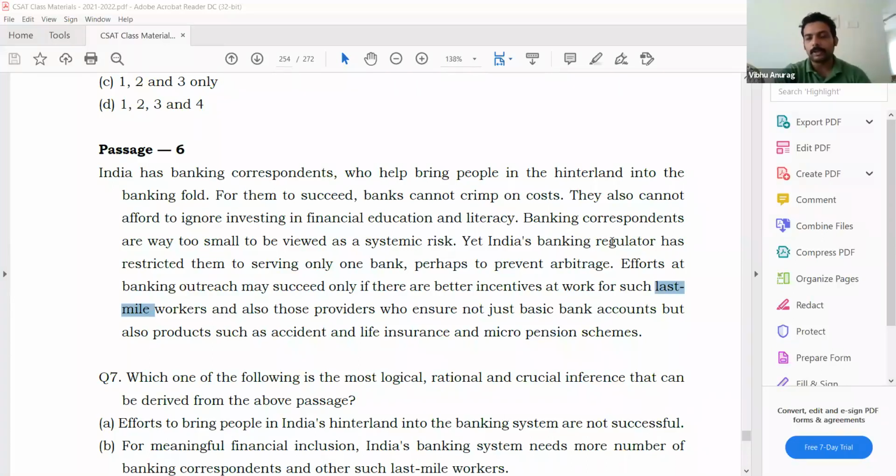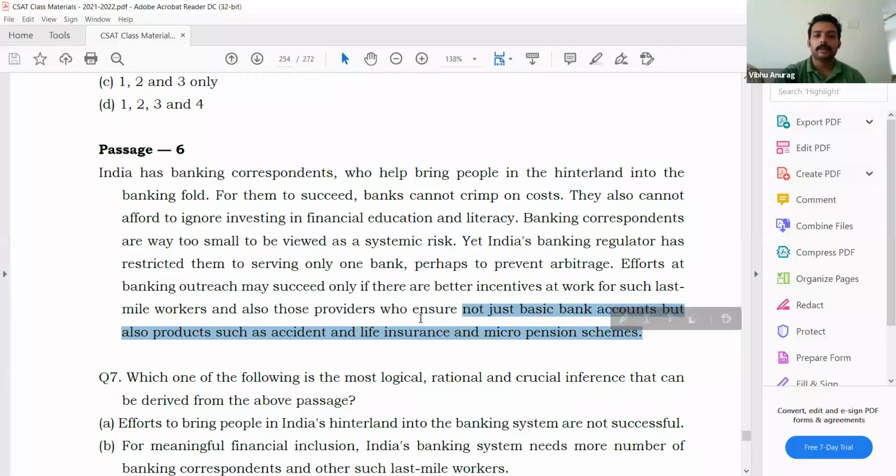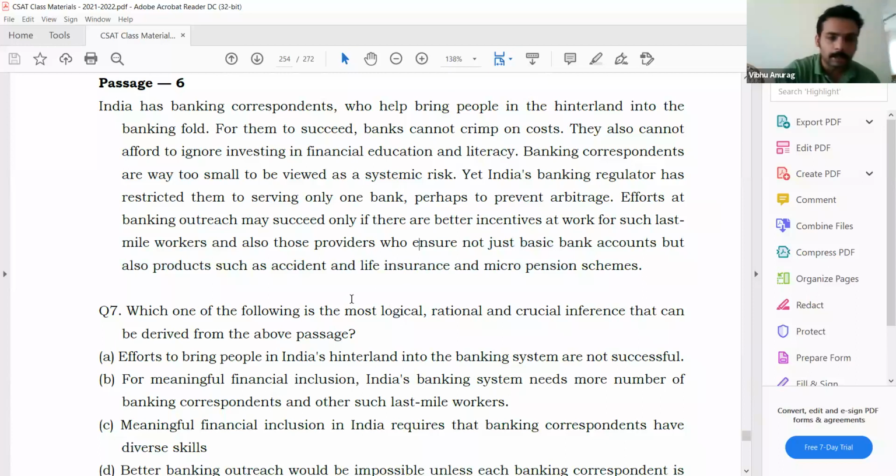For such last mile workers, and also those providers who ensure not just basic bank accounts, these people must be given better incentives. So what can we infer from this? Conclusion. Option A, efforts to bring people in India's hinterland into the banking system are not successful.